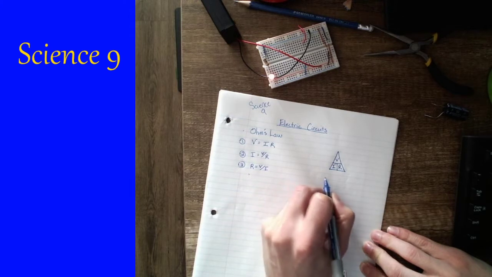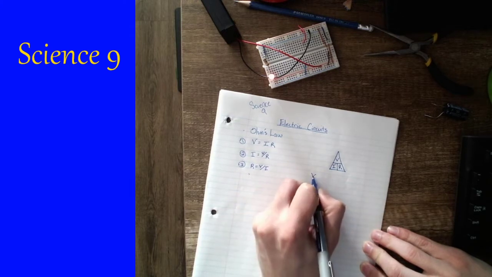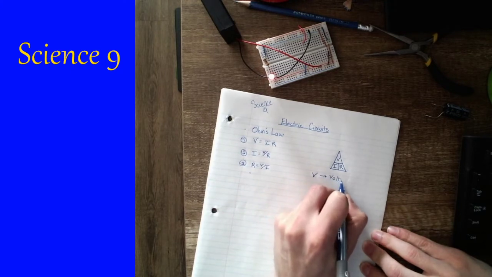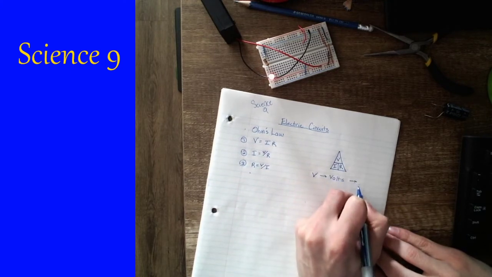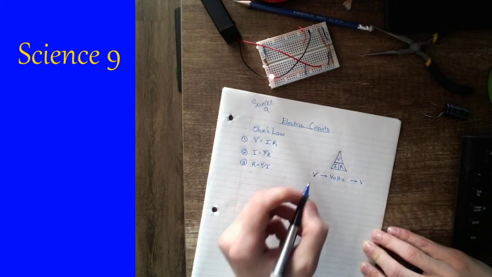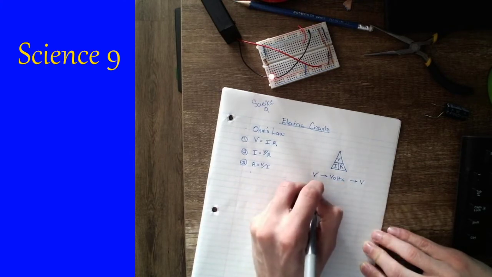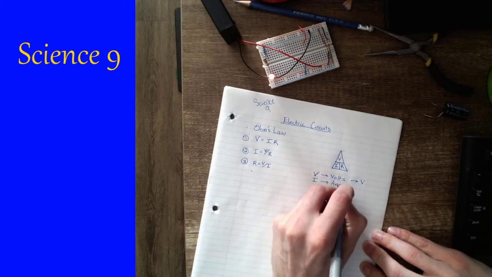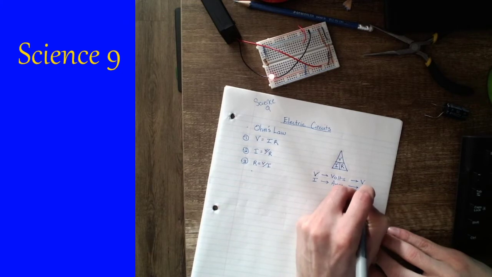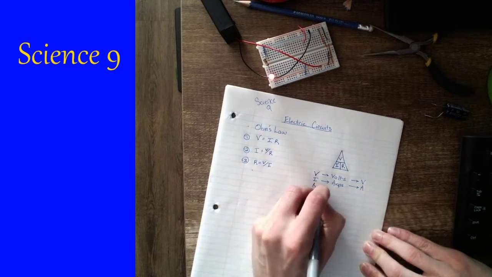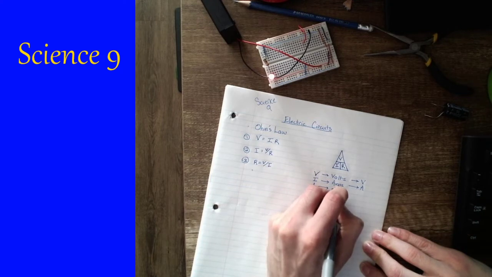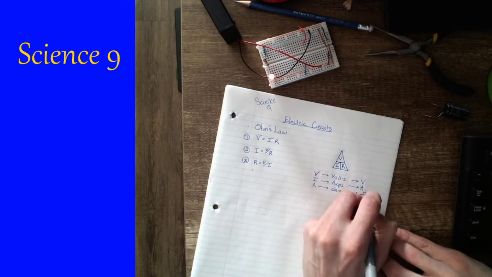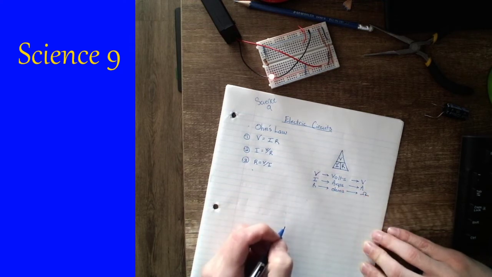So, for example, voltage is measured in volts with a unit symbol of V. Current is measured in amps with a unit symbol of A. And finally, resistance is measured in ohms with the symbol omega. So it looks like that.